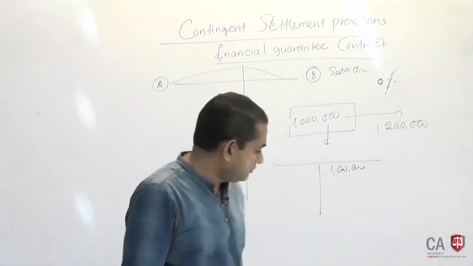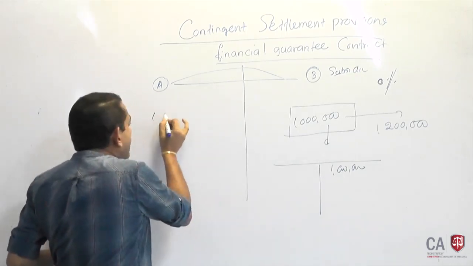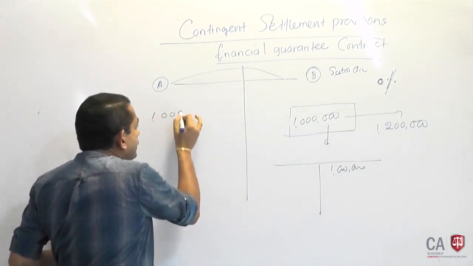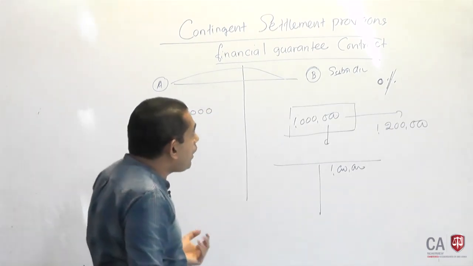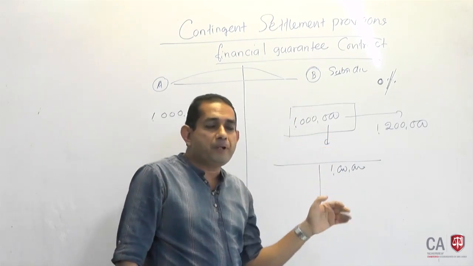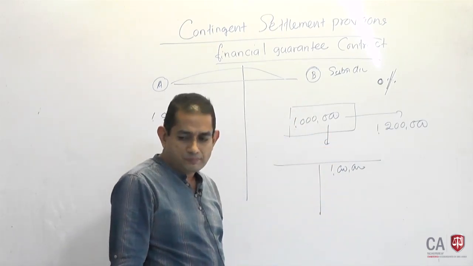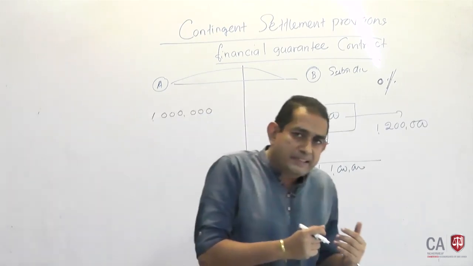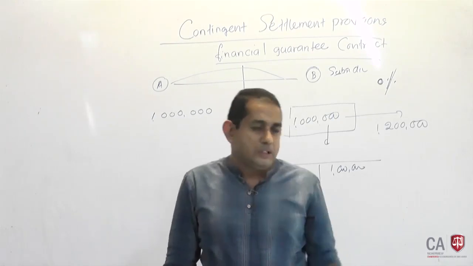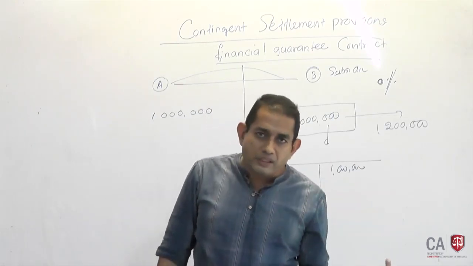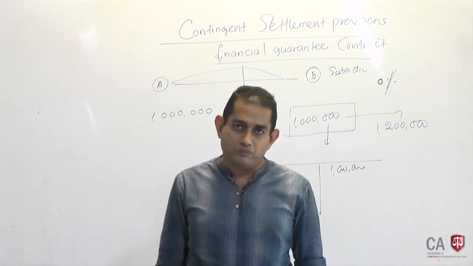So then, whether Company A becomes liable to pay this loan of Company B depends on whether Company B pays on time or defaults. If Company B makes the payment on time, A will be relieved. If Company B defaults, then A has to shoulder someone else's problems.